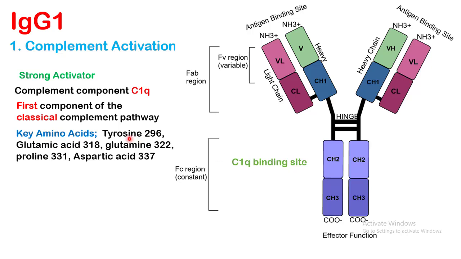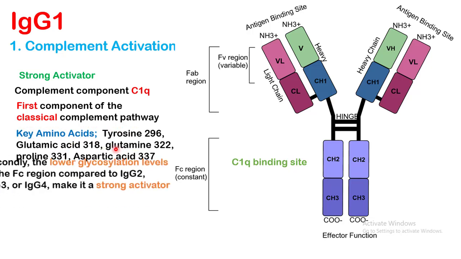And these specialized amino acids are one of the key reasons that the immunoglobulin G1 is a strong activator of the complement system in comparison to the other subclasses of the immunoglobulin G, like the immunoglobulin G2, 3, and 4.